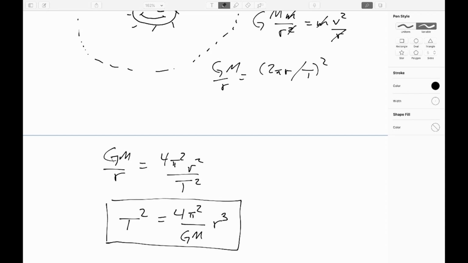A more careful analysis would show that instead of just having the mass of the sun in the denominator, it would be the combined mass of the sun and the planet. But in the case of weighing the sun, that would be like the difference between weighing a dog with or without its fleas. So to many digits, you'll get the same answer either way.